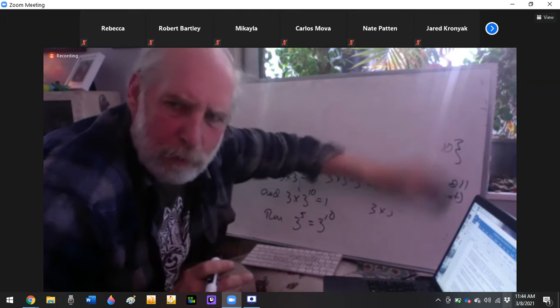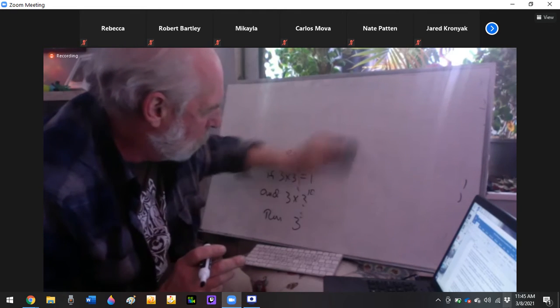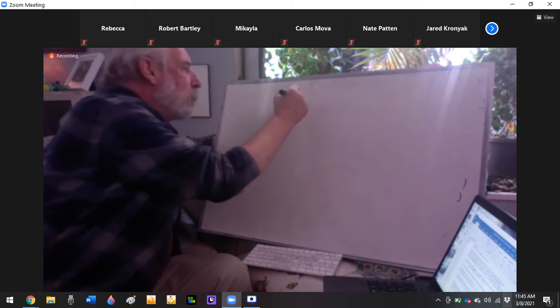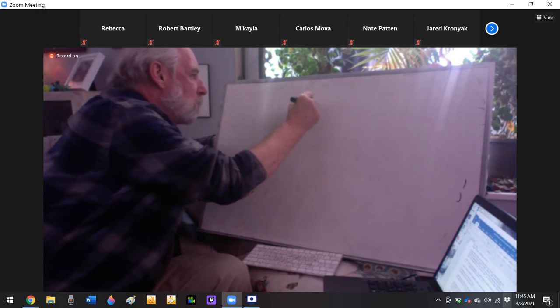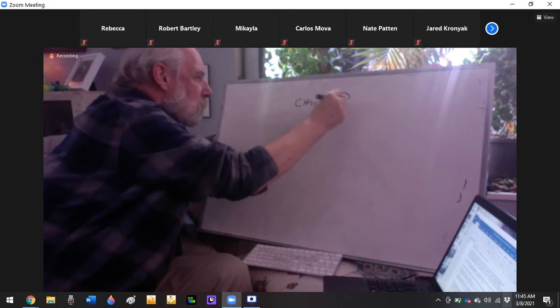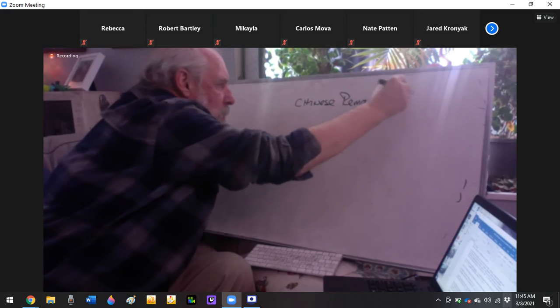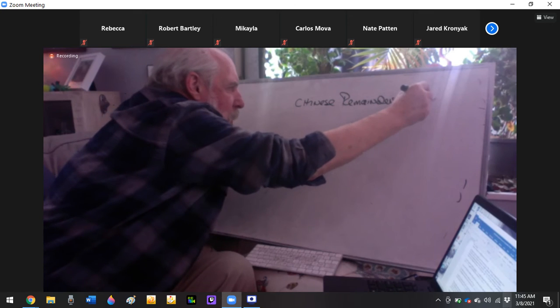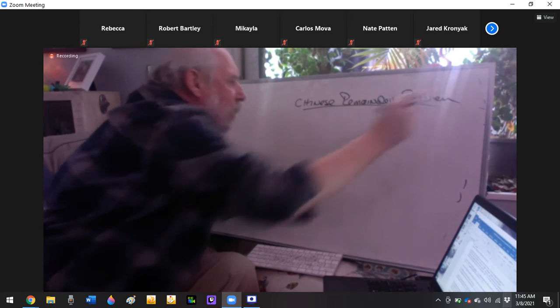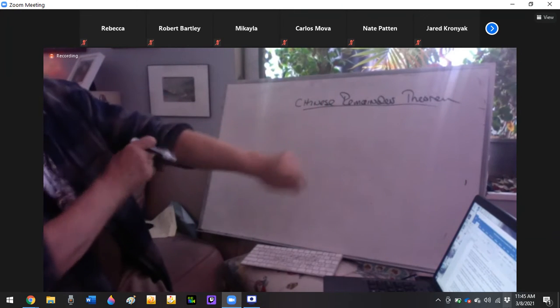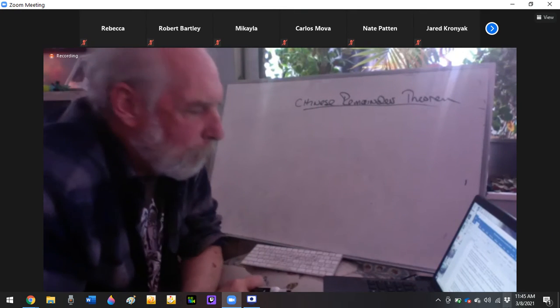So where we're going to head to finish off modular arithmetic on Wednesday, today's Monday, we're going to look at something called the Chinese remainder theorem. This gets used in computer science a lot when you're processing large numbers, and it's basically modular.